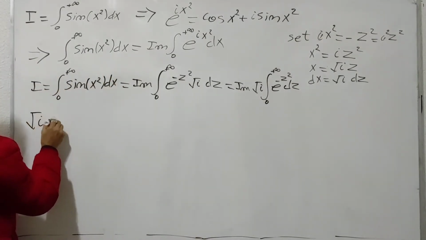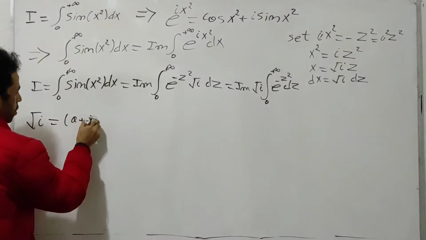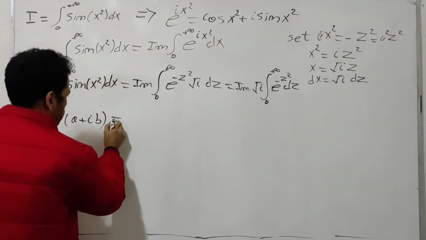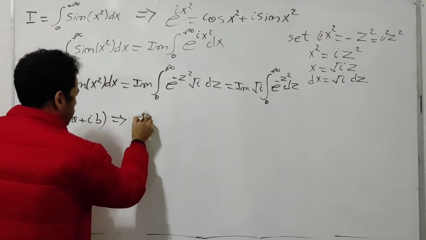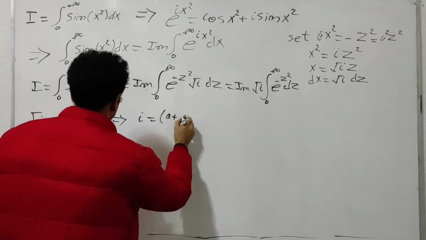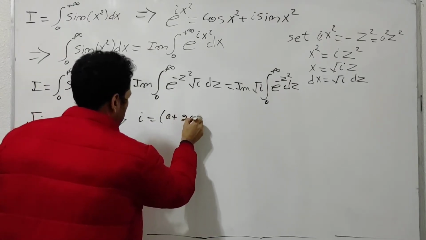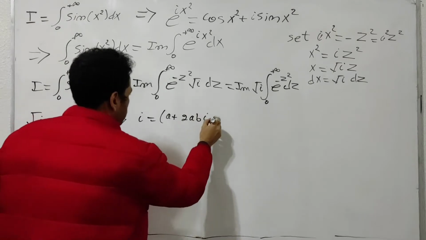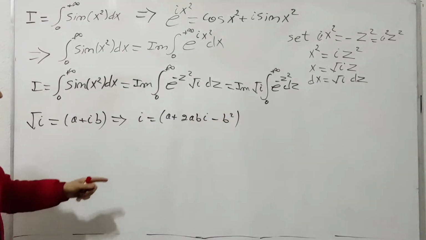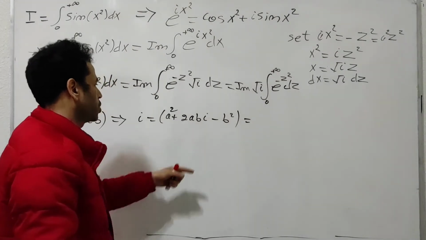Square root of i equals a plus ib. I'm going to raise both sides to the power of 2. I will get i equal to a squared plus 2ab multiplied by i minus b squared. By using i squared equal to minus 1, I will have an equation system here.